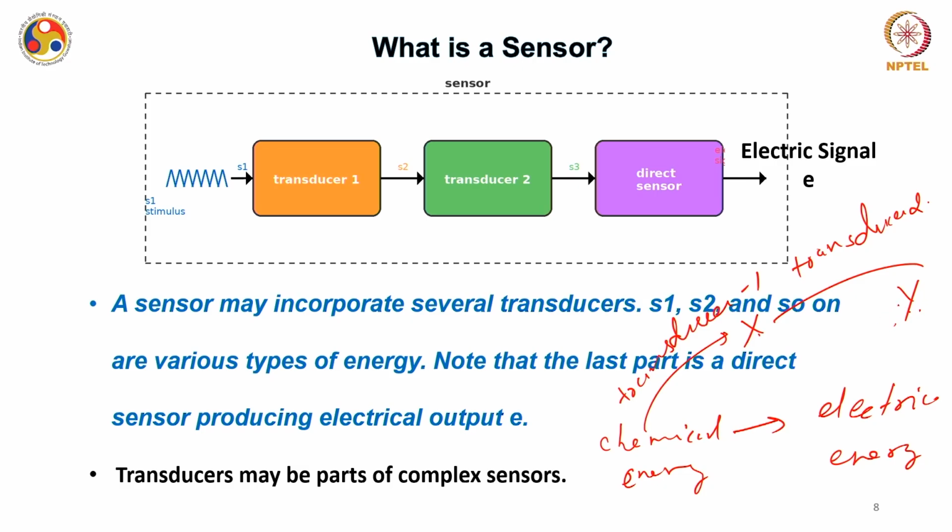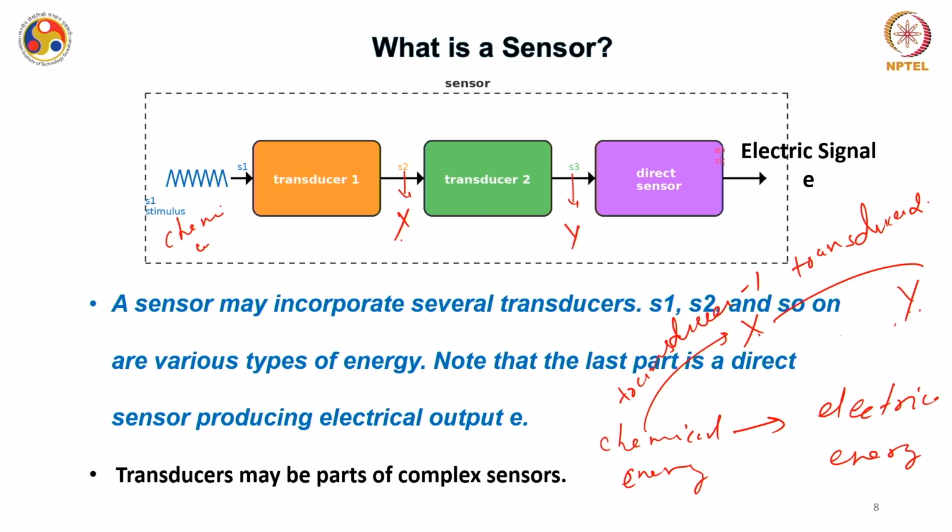Now I have transducer 1 and 2. I am putting the input as chemical energy. The output is X. So S2 that you are seeing is X. Okay, now X is being fed to transducer 2, and say S3 is certain value Y.